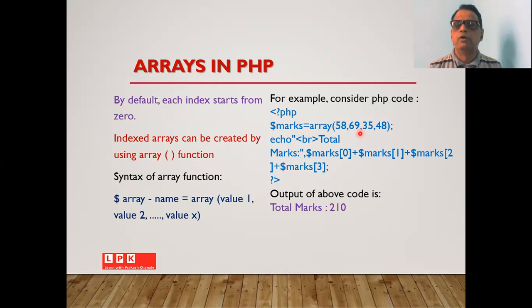Whenever I want to access the elements of the array, I can do so by using marks 0, marks 1, marks 2, marks 3. You can do some manipulation on these values such as addition, and when we display the result on the screen by using echo, the result will be: the total marks is 210.